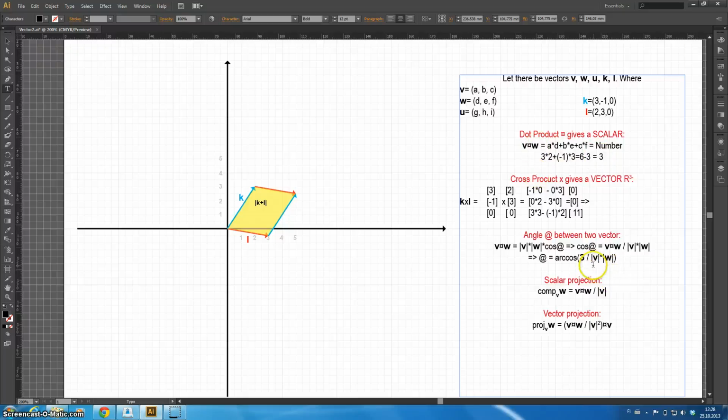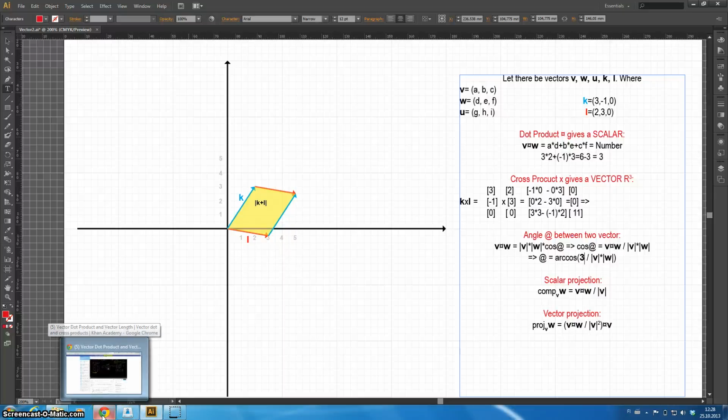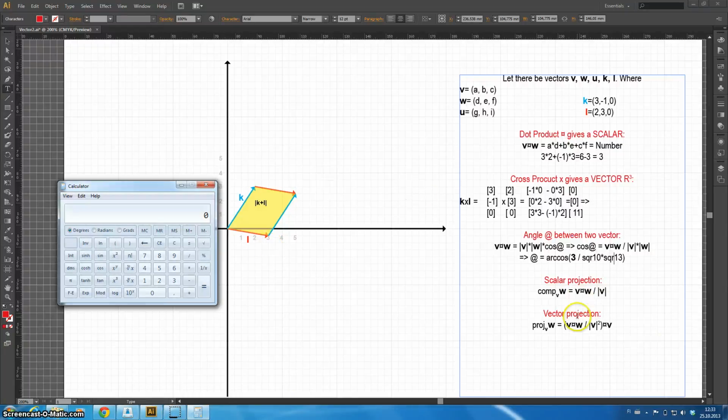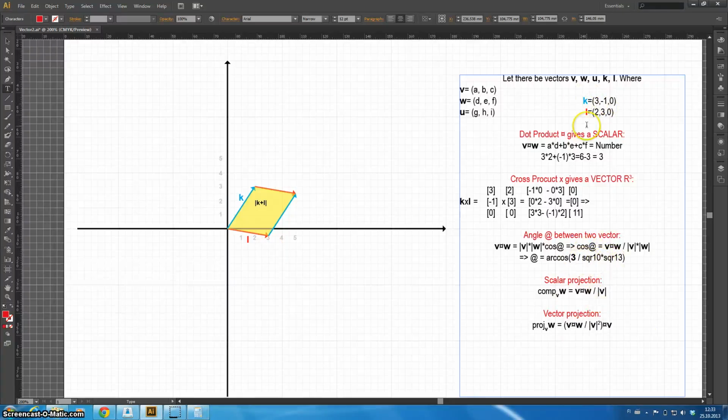We can put 3 over there, and then we have to find the lengths of those vectors, and we know how we can find the length by the Pythagorean theorem. Just a second. Okay, now we have the lengths of those vectors: the length of k was square root 10, and the length of L was square root 13.